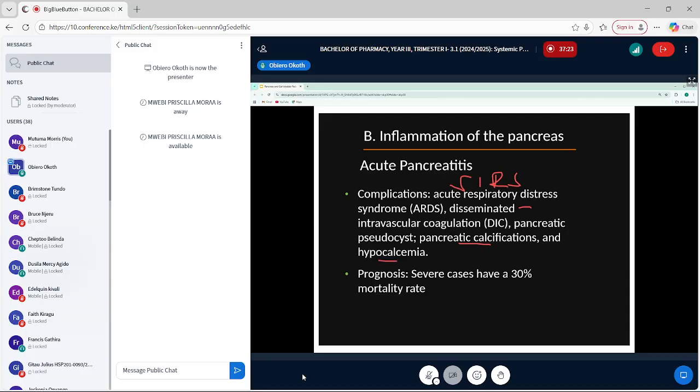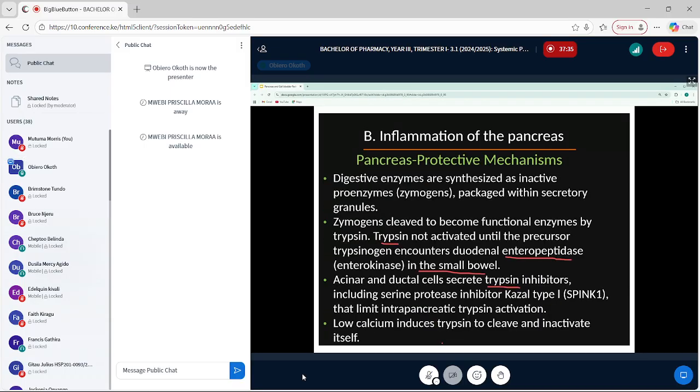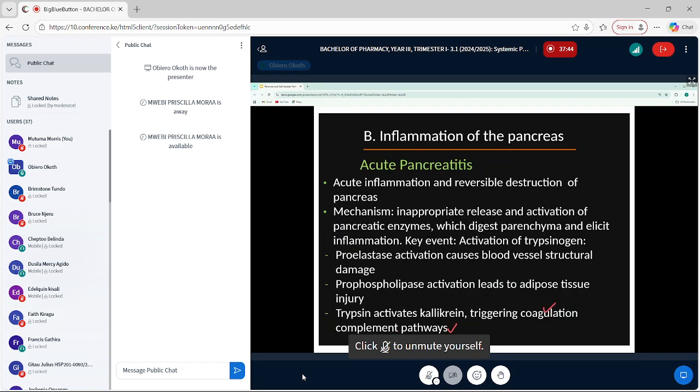You can have hypocalcemia again because when you have necrotic fat, it is going to absorb calcium. So for calcium, remember, excess calcium, hypercalcemia, will trigger acute pancreatitis.